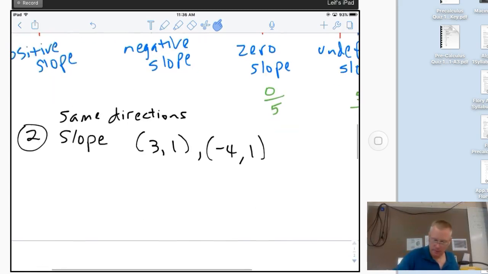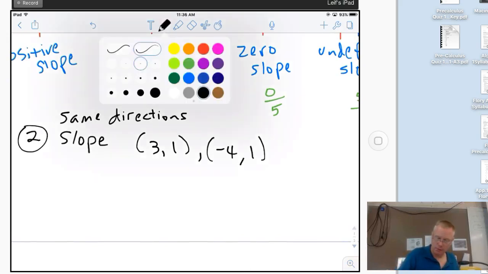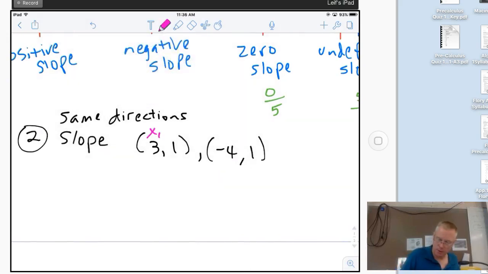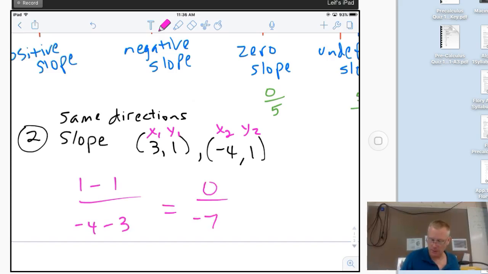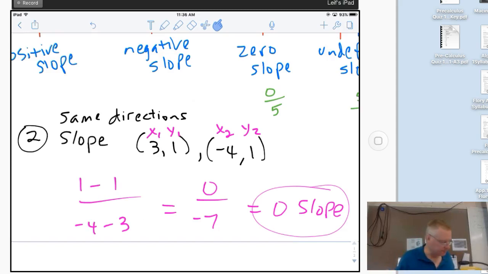What do you get there? Once again, it's good to label your points: x1, y1, x2, y2. y2 minus y1 over x2 minus x1 gives me 0 over negative 7, which is 0 slope. And there's an example of what I was talking about above.